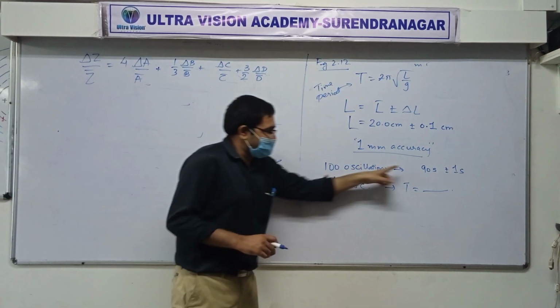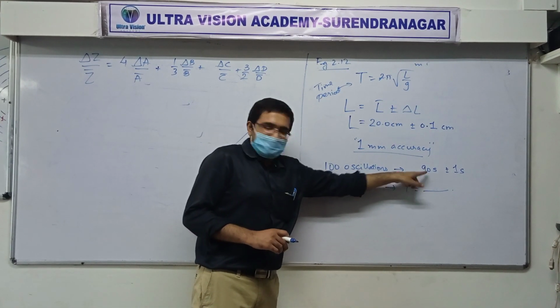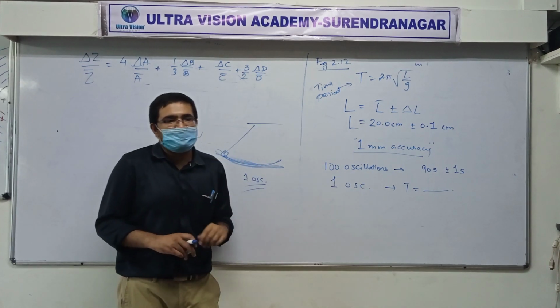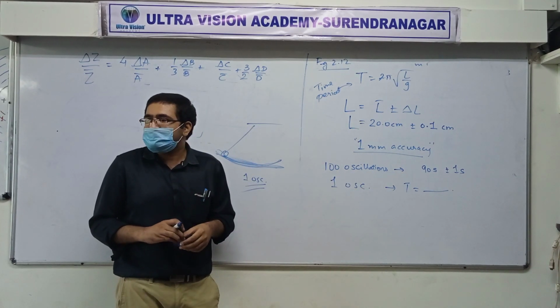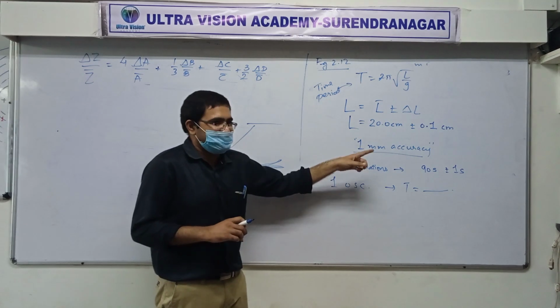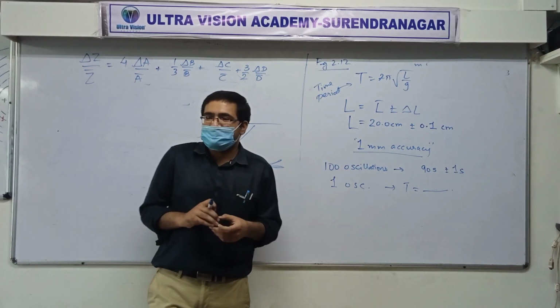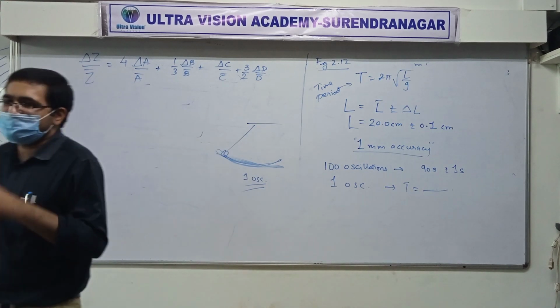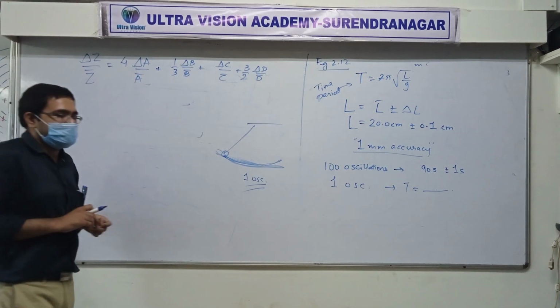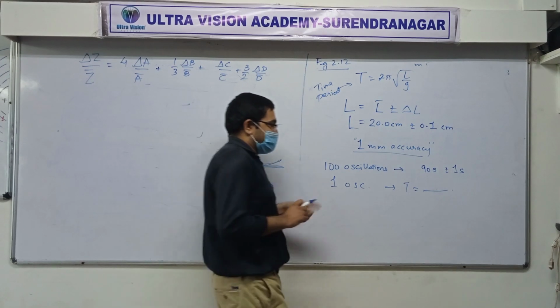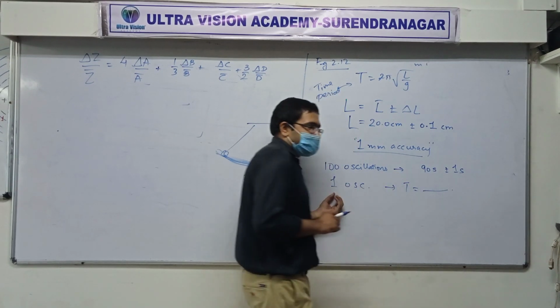So for 100 if it's this much, then for one it will be how much? Can you find that? Do it in your book and tell me what we should write. Hurry up, come on. For 100 oscillations this much, then for one.